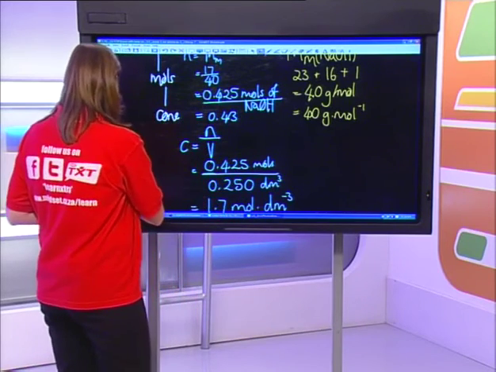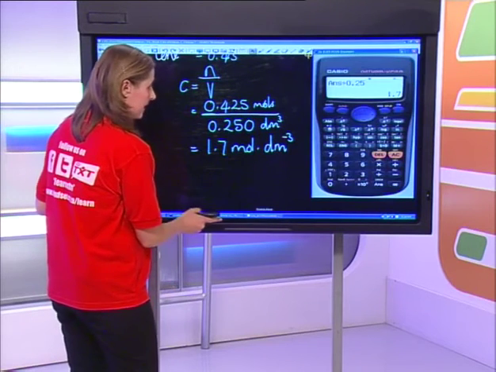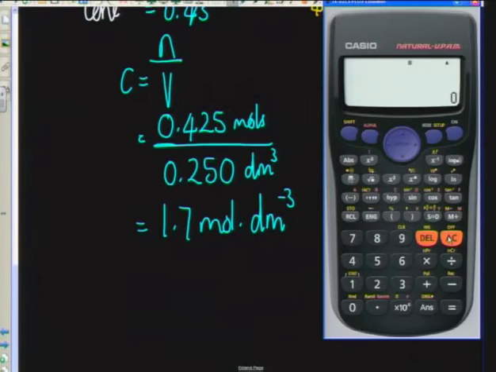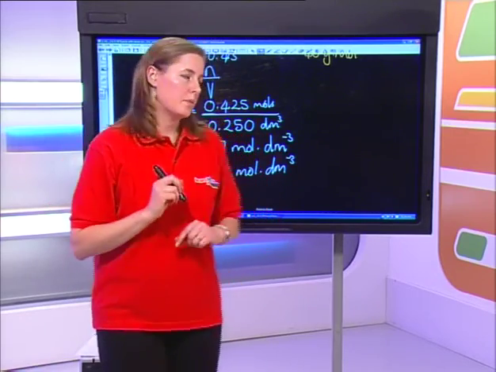And if we had done that, going across to my calculator, 0.43 divided by 0.25, and you're going to get a very similar answer. Okay, what was it? 1.72 moles per decimeter cubed. Okay, very helpful to always write down your answer and work with that.